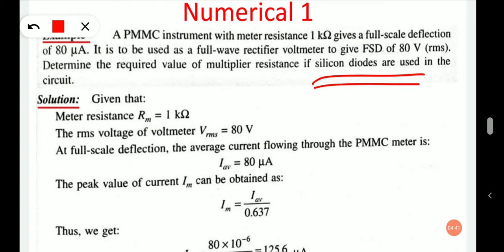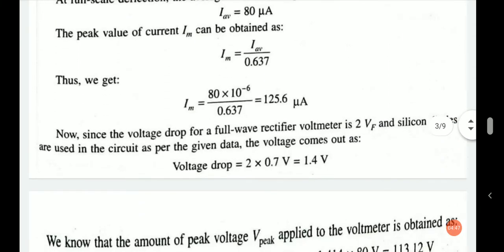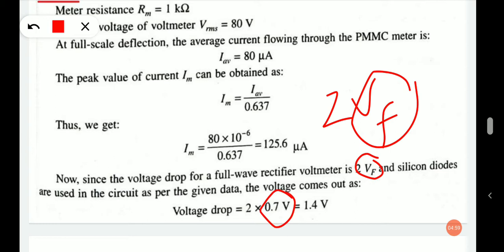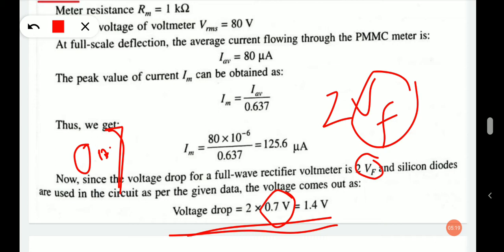So for full wave rectifier voltmeter the voltage drop is equal to 2 Vf, and Vf in case of silicon diodes is 0.7 volt. If it is germanium diodes, then it is 0.3, but it is not required here. So for silicon diodes, the voltage drop is 2 into 0.7, that is 1.4 volt.